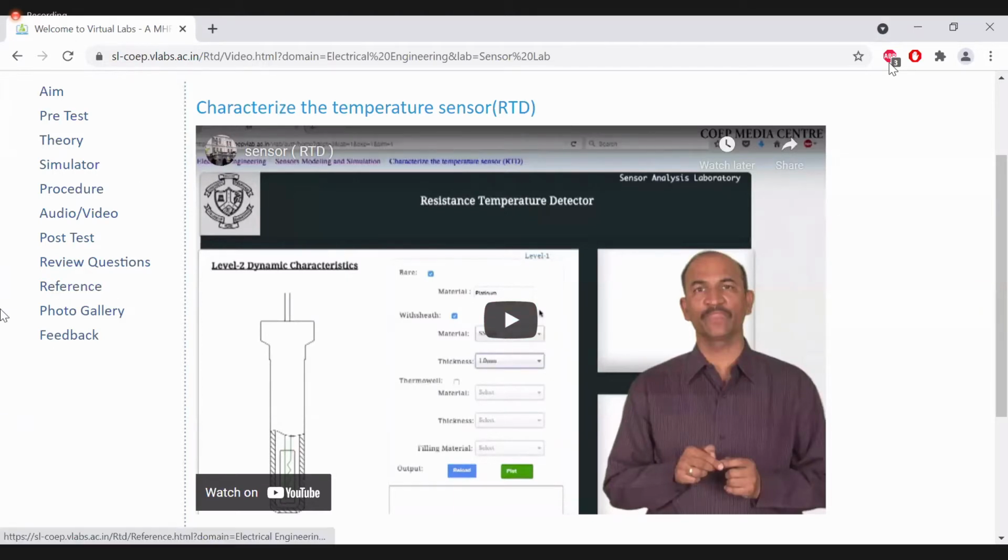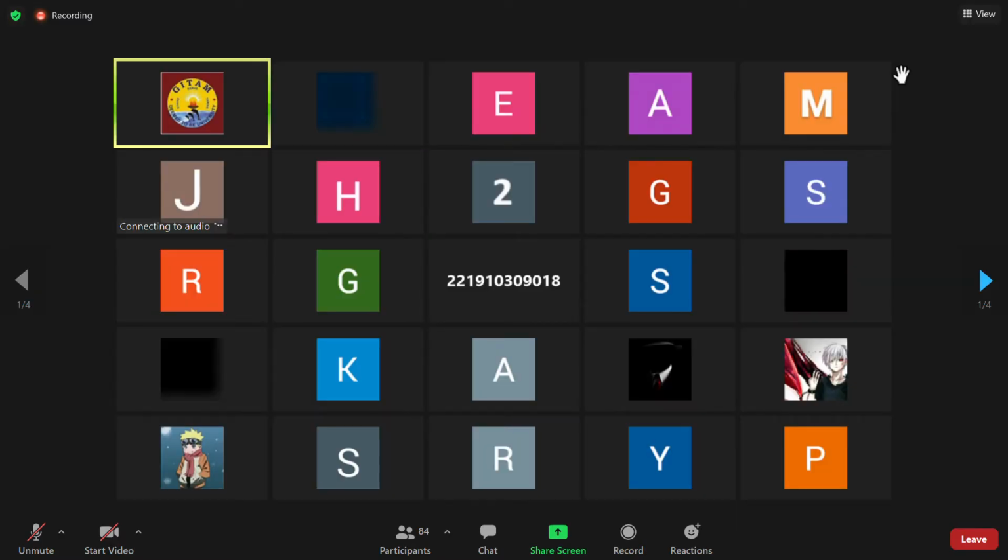Students, now right click on simulator and open the simulator in a new tab.